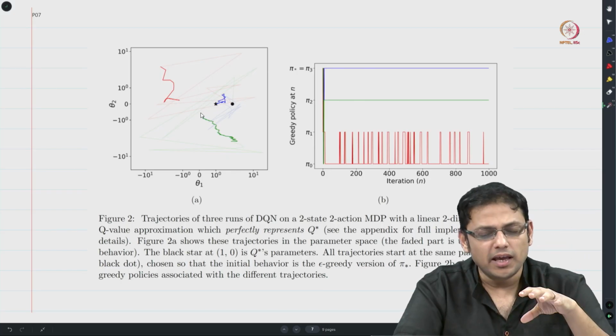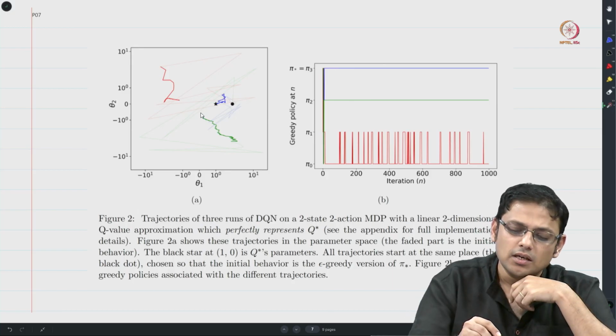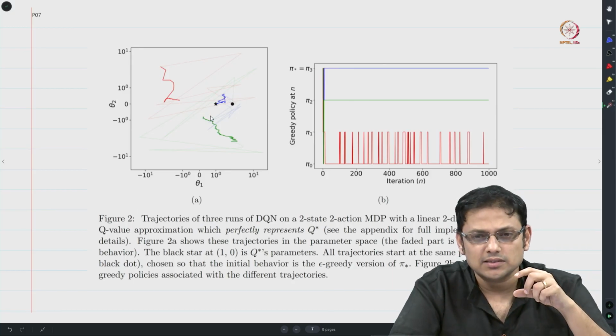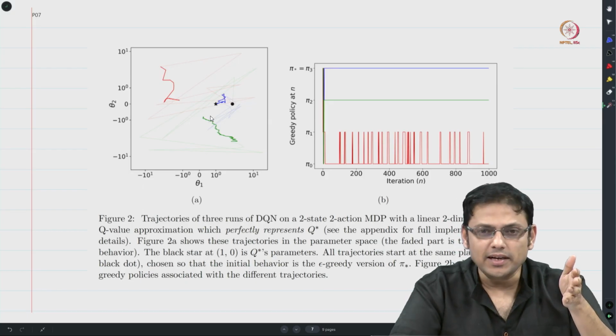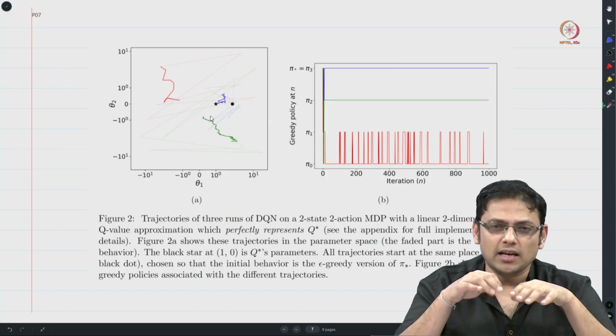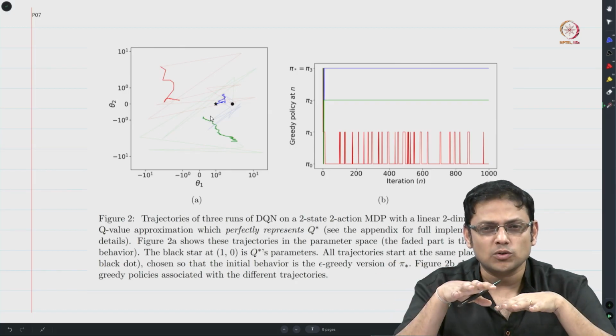Now this behavior is slightly surprising, at least it was very surprising to us, because the initial value theta 0 that we have chosen is very close to theta star. But despite this, the algorithm initiated at phi theta 0 tries to reach multiple places.